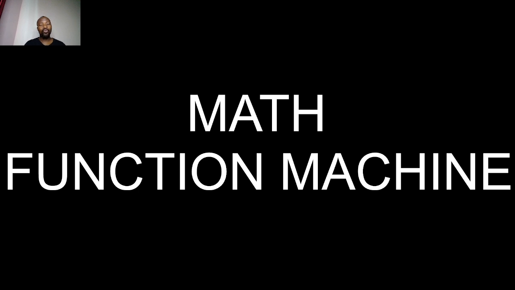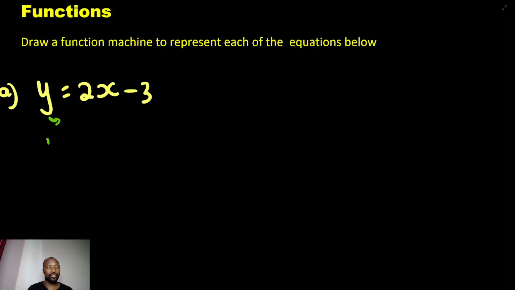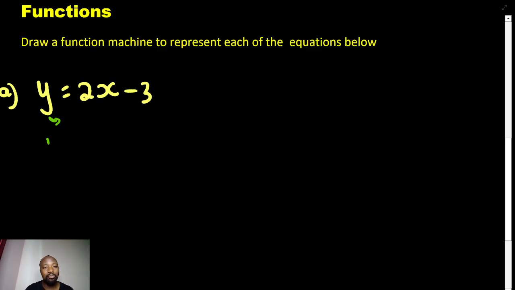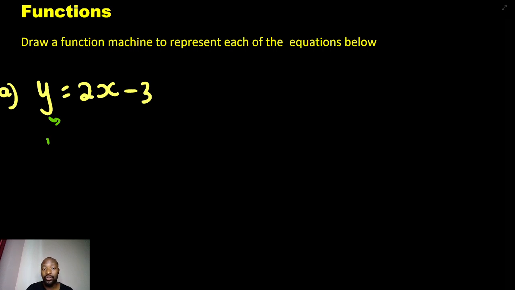So, how do we represent an equation as a machine? If you're having a question like this, one of the things you need to identify is the input and the output, and if there are operations. In this case, we have an equation where x was multiplied by 2, and then 3 was subtracted, and it gave us an answer y.